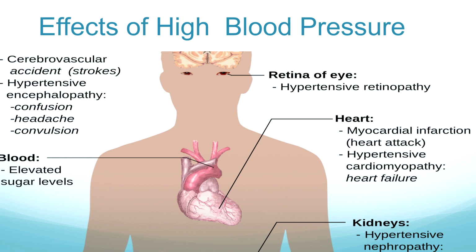As you can see in the picture, the two most common things are strokes, or cerebrovascular accidents, and heart attacks. So 8 out of every 10 strokes are caused by high blood pressure. And for the first heart attack that people have, 7 out of 10 of those heart attacks are caused by high blood pressure.